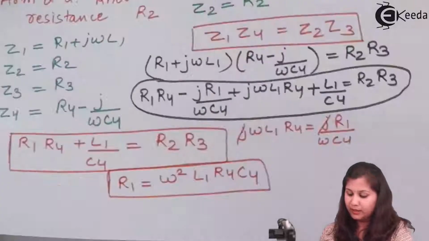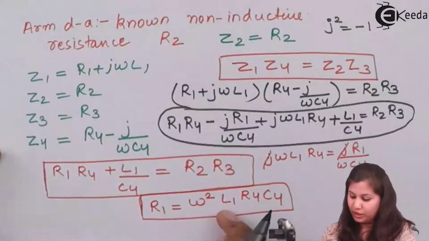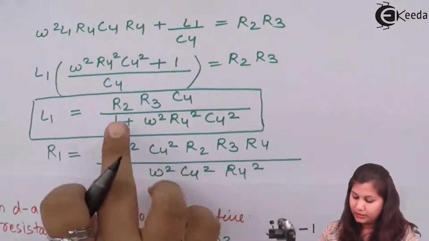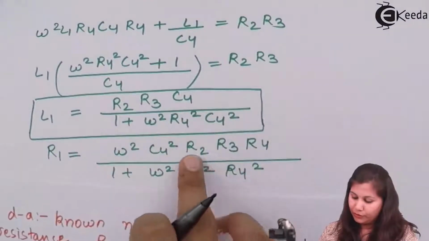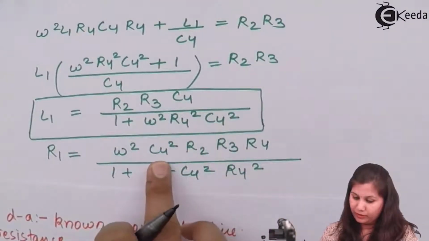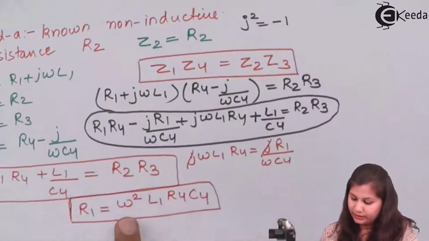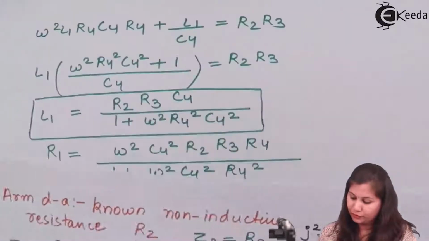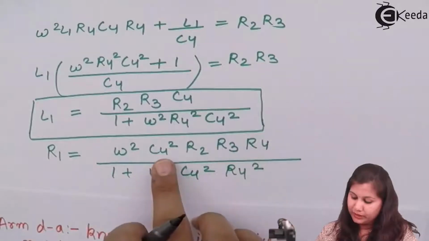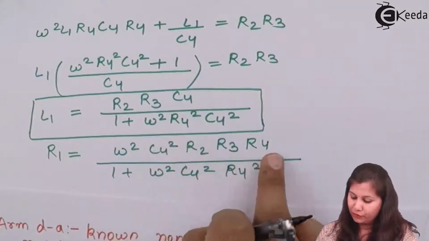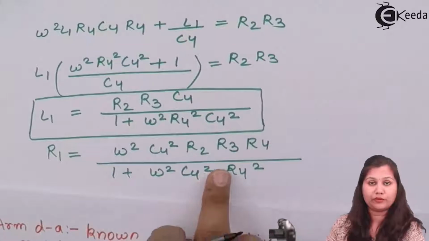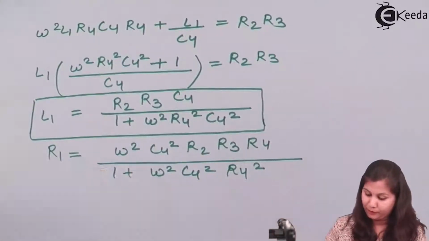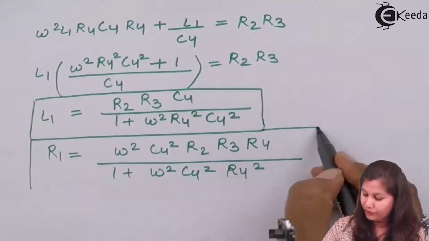We have just put the value of L1. So L1 is R2 R3 C4 upon this term, and because C4 is already present here and R4 is also present, this will become C4 square R2 R3 R4 upon 1 plus omega square C4 square R4 square. So this is the value of R1.